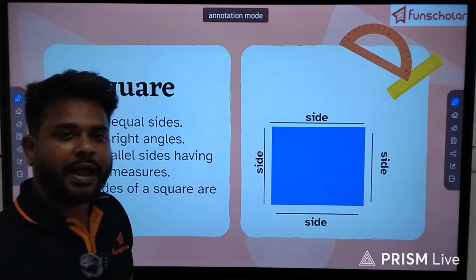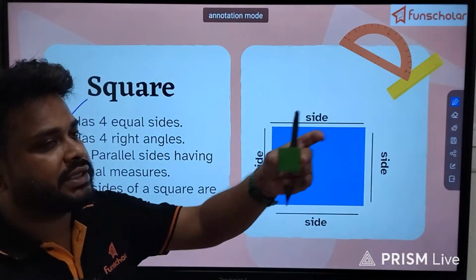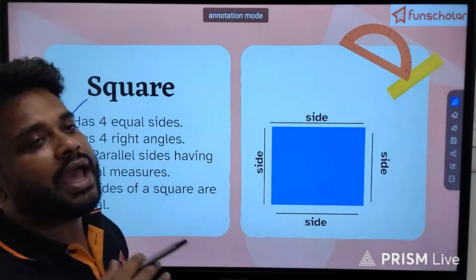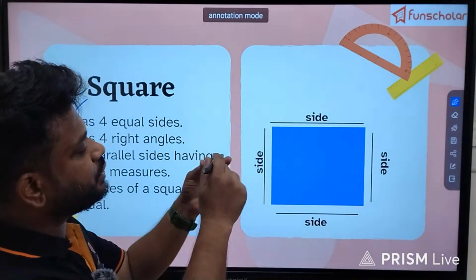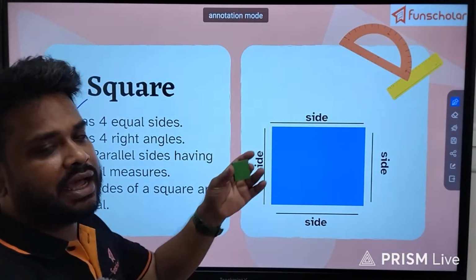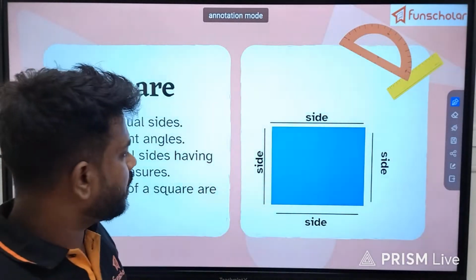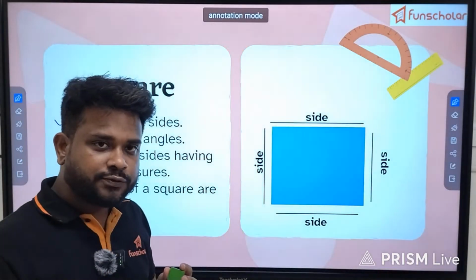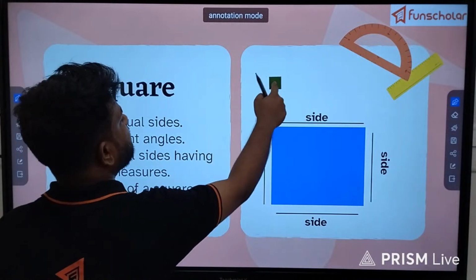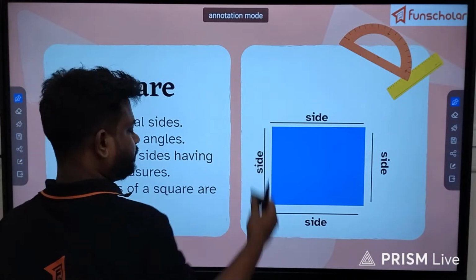For a practical example, if this one is a square, you can assume that all the sides are equal. So a square has 4 sides and all the 4 sides are equal.